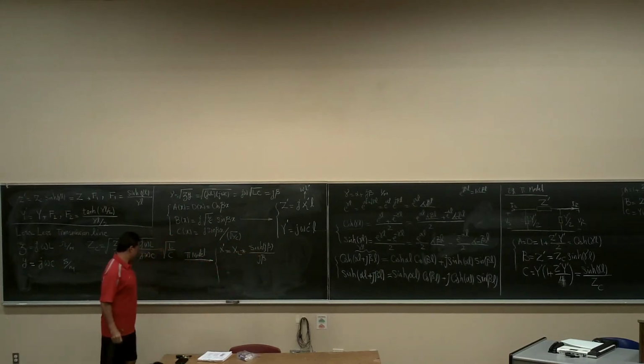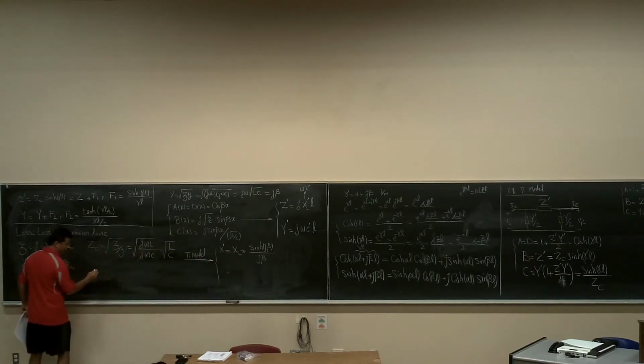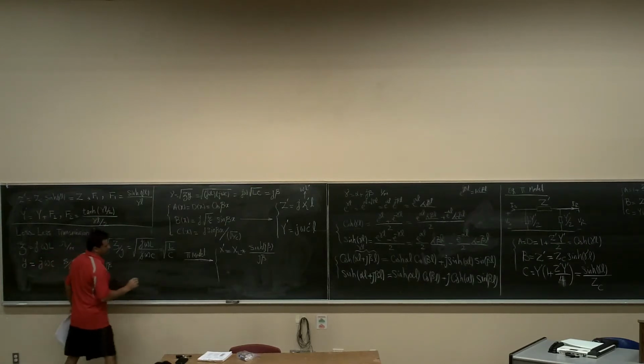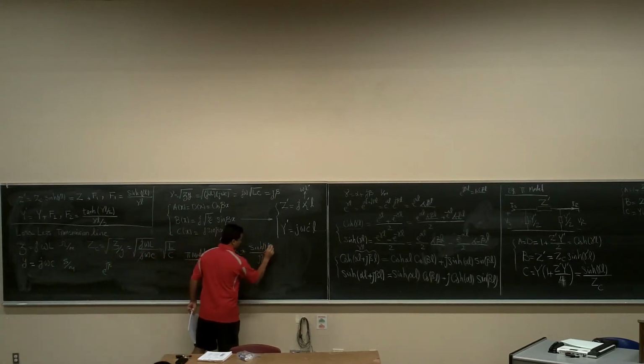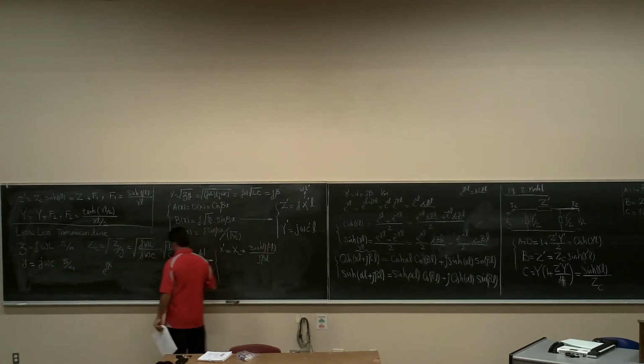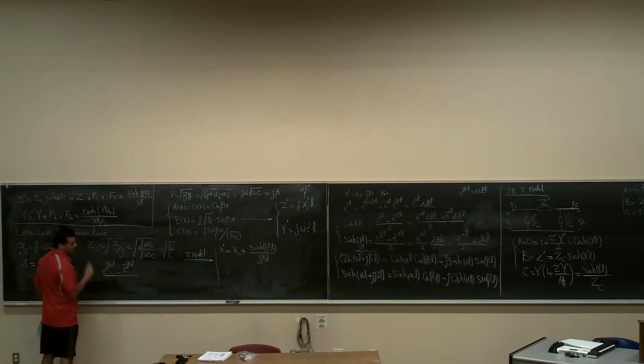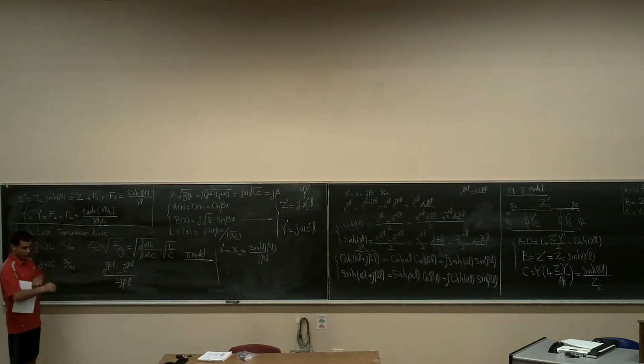Let me write it here. I cannot remember calculus very well. It's going to be e to the j beta, and there's an L here. Don't trust me here, you have to go check it.